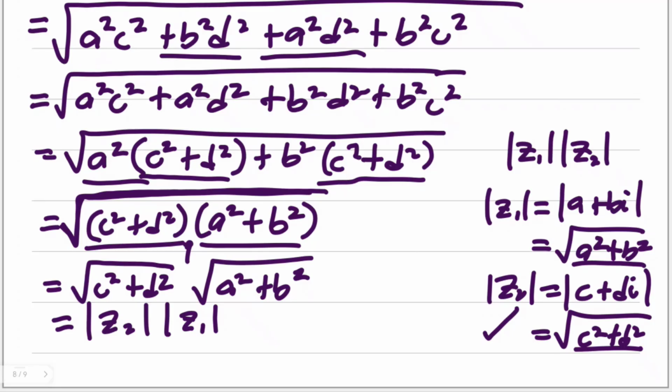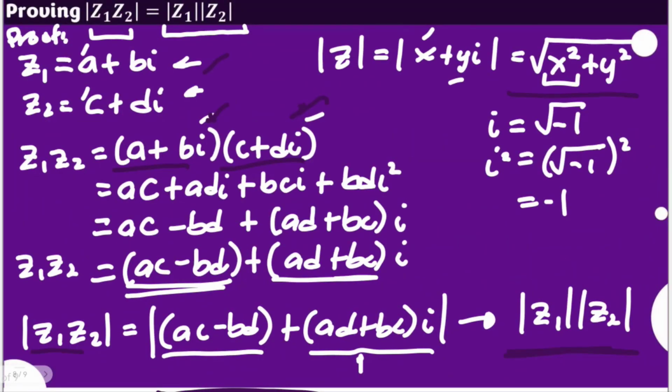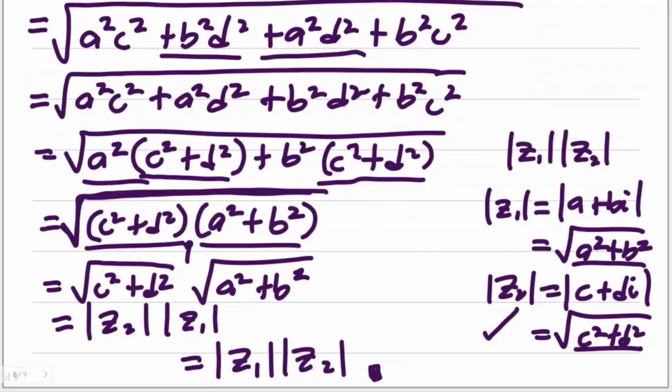And since multiplication is also commutative for complex numbers, simply rearrange them, modulo of z sub 1 times modulo of z sub 2. We have arrived at our intended target, showing that the modulus of the product of two complex numbers is just equal to the product of their separate modulus. And we have shown that using this idea of proof.